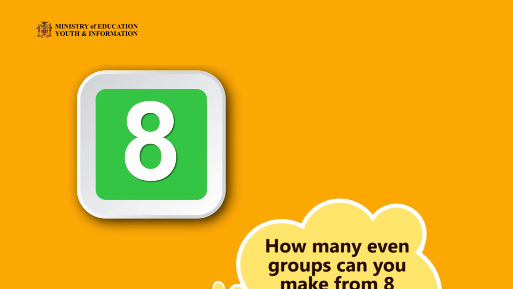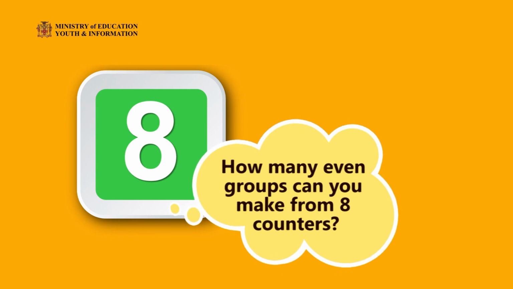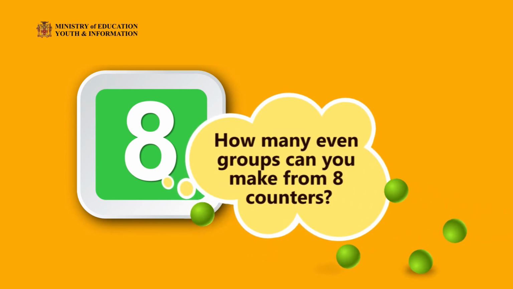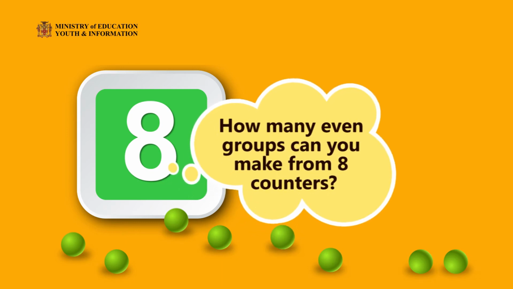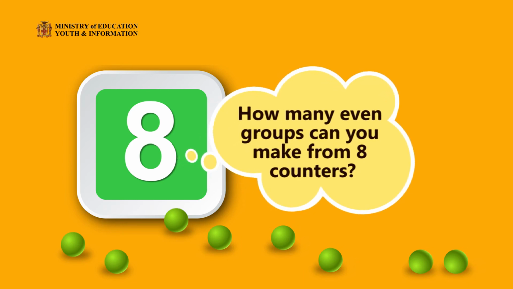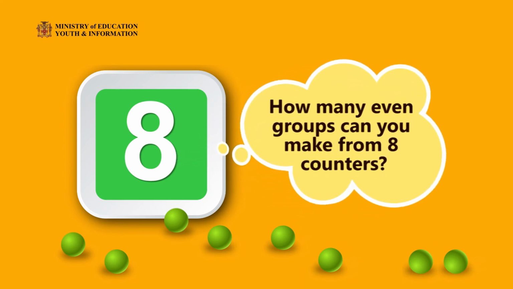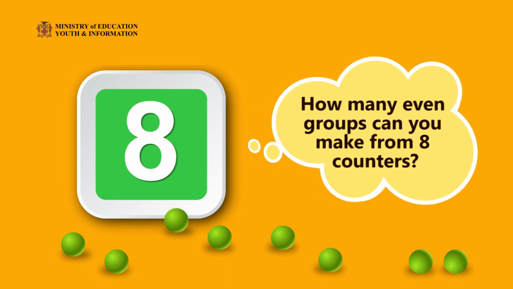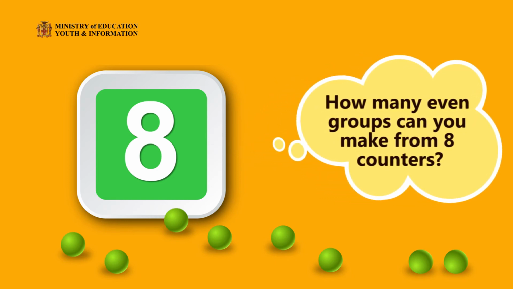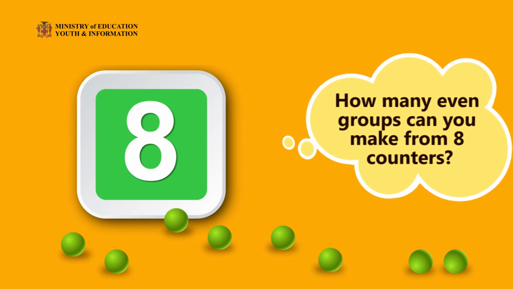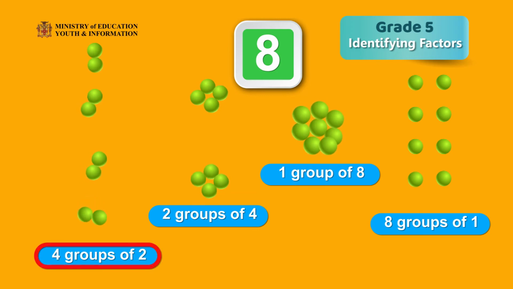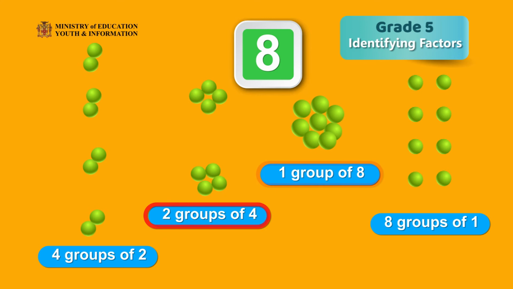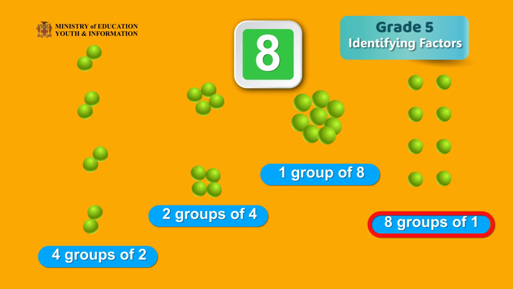Remember, in finding the factors of 8, we find all the even groups. So in the case of 8, we will get 4 groups of 2, 2 groups of 4, 1 group of 8, and 8 groups of 1.